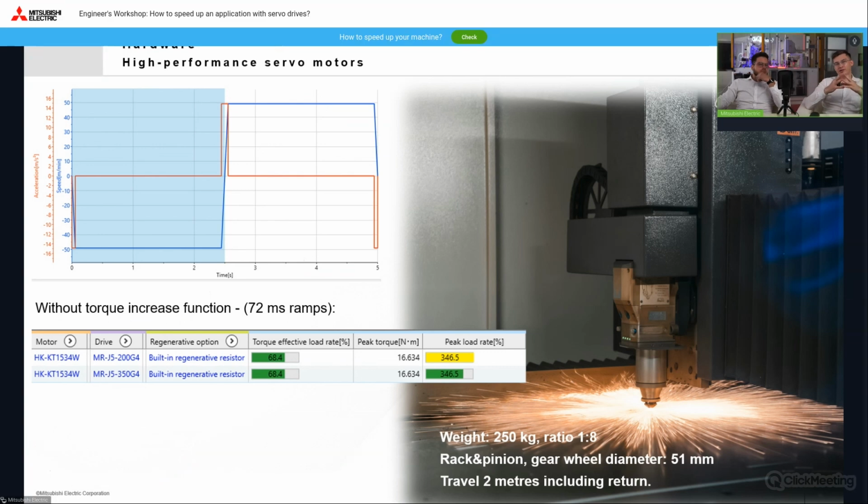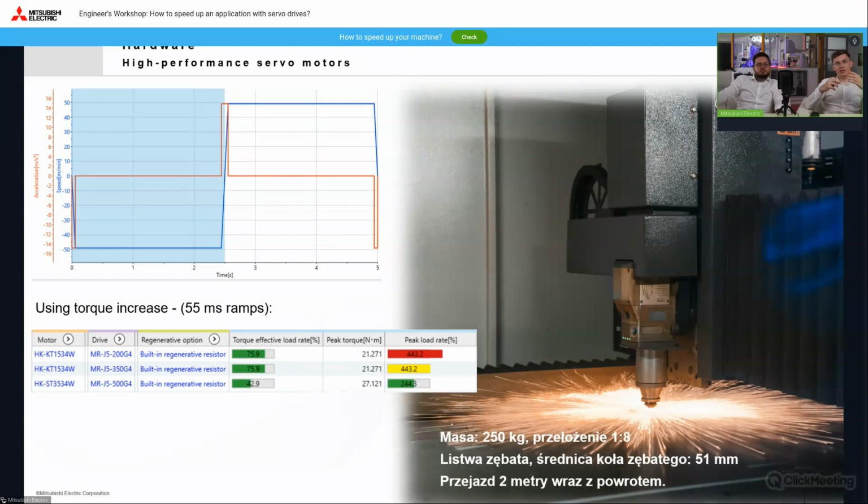So to illustrate this better, let's look at the example of a laser plotter application. The maximum acceleration we can achieve on a standard 1.5 kilowatt motor connection is 72 milliseconds. By using a larger amplifier and this torque increase function, we are able to reduce acceleration ramps to as low as 55 milliseconds, a value that would not be possible without this additional 100% of torque.